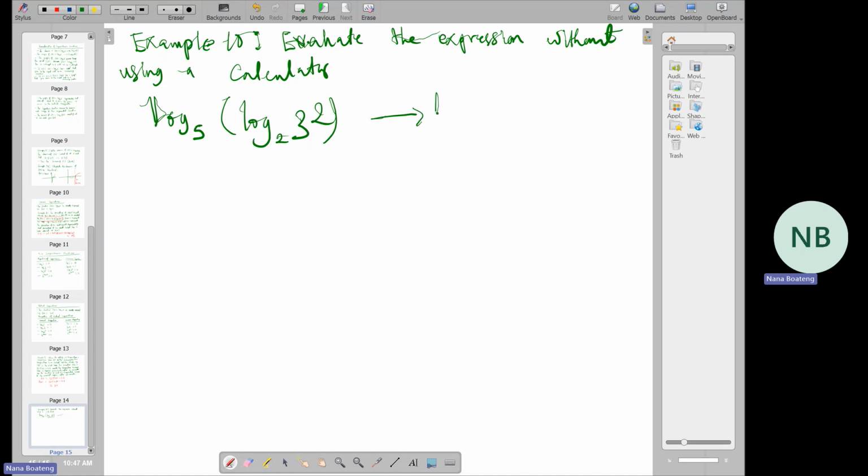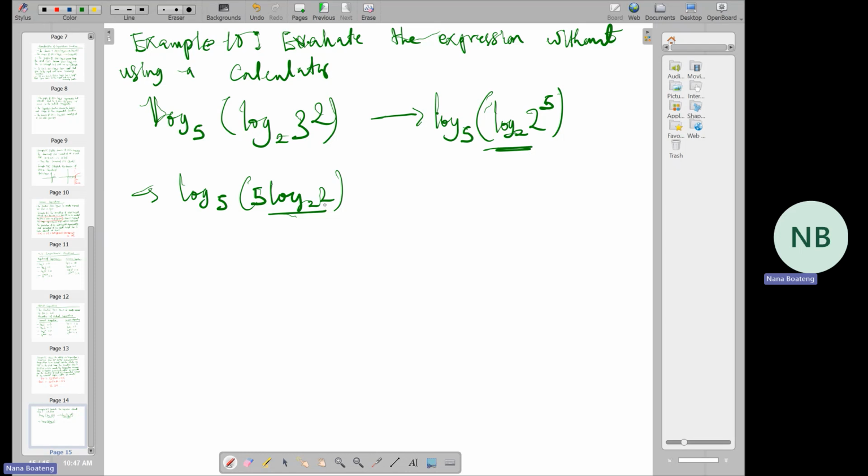So this is the same as log to the base 5, and log to the base 2 of 32 is the same as 2 power 5. And from the properties of log, we know this becomes log 5 and 5 log to the base 2 of 2, and log to the base 2 of 2 is 1.